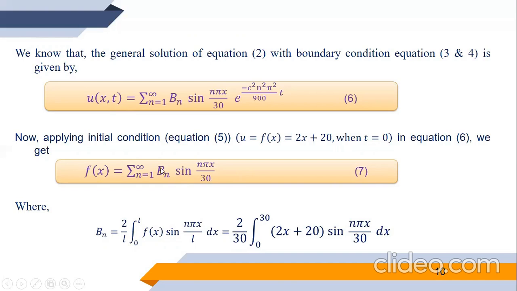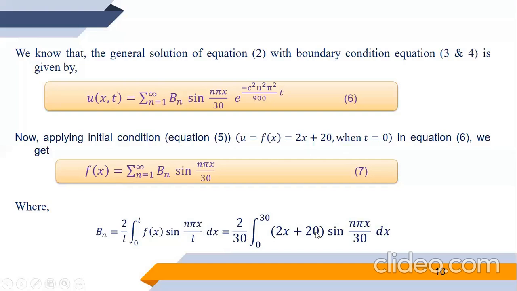So we find the value of b_n using the formula 2 by L integral 0 to L f(x) into sine n pi x by L dx. Now L is equal to 30. So we replace L as 30 and f(x) as the initial distribution temperature 2x plus 20.